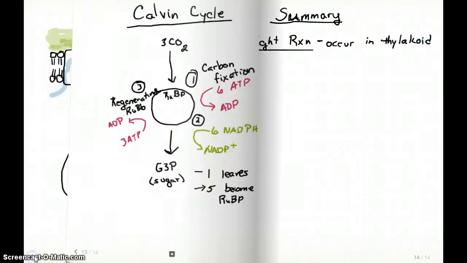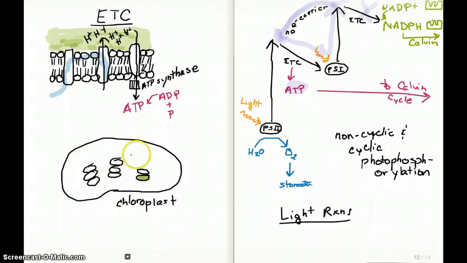And if we just take a second to jump back, these are our thylakoids. And this part of the chloroplast is our stroma. So we can label this again.